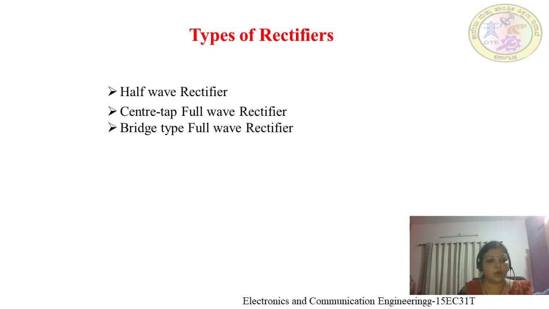Next, moving on to the types of rectifiers. There are basically three major types of rectifiers: the half wave rectifier, the center tap full wave rectifier, and the bridge type full wave rectifier.